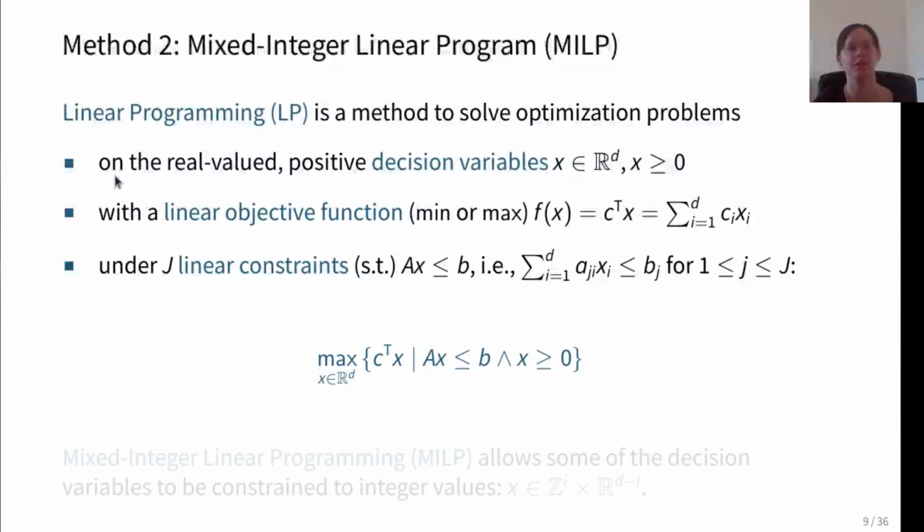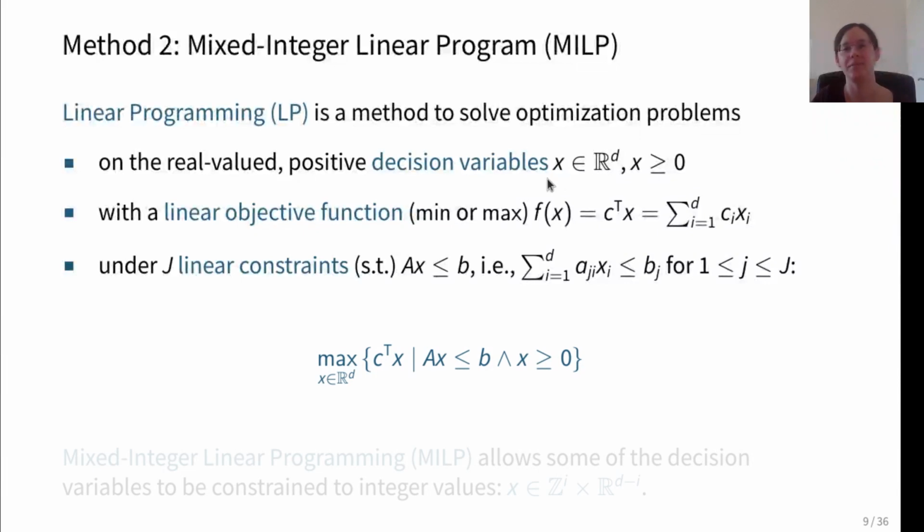So what does this program language describe? First, the variables that we are working with, the decision variables that we want to find a solution for. These are originally real-valued, positive variables.